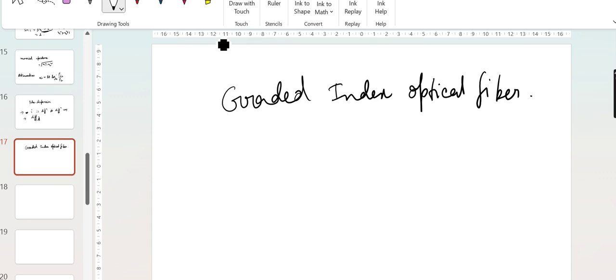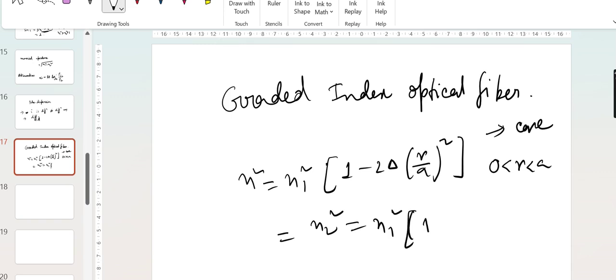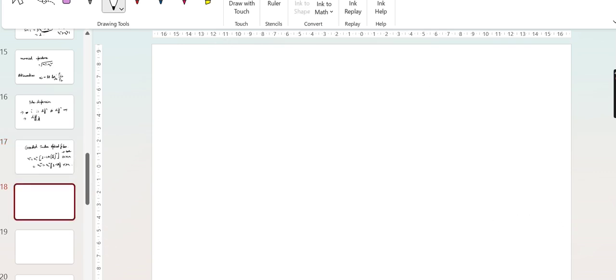So the refractive index changes as n square equals n1 square times 1 minus 2 delta r by a whole square, when r is less than a. That means this is the core, and the cladding is basically n2 square, which is equal to n1 square times 1 minus 2 delta, for r greater than a. So we use graded index fiber to minimize the dispersion and attenuation and all those things.